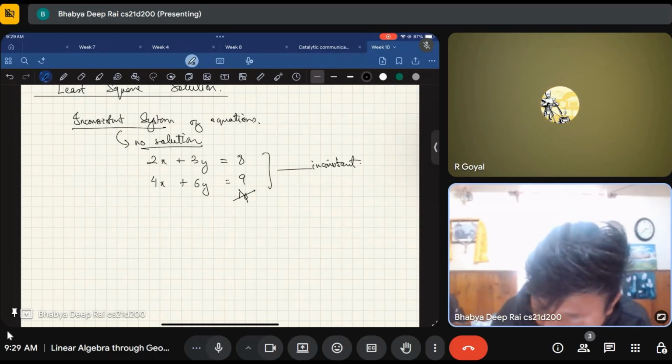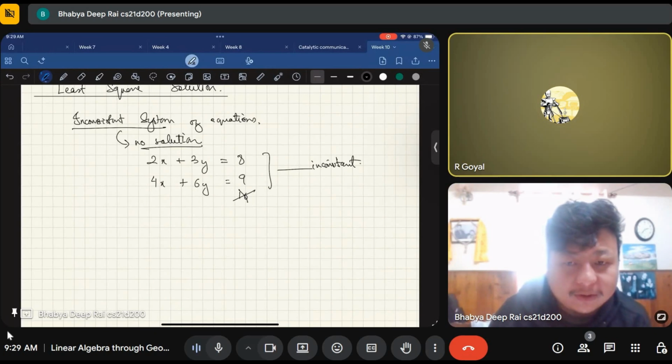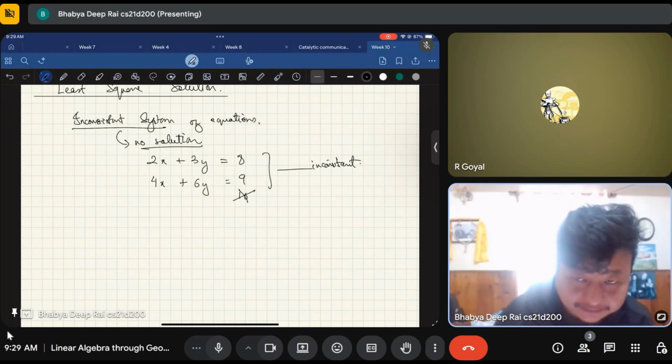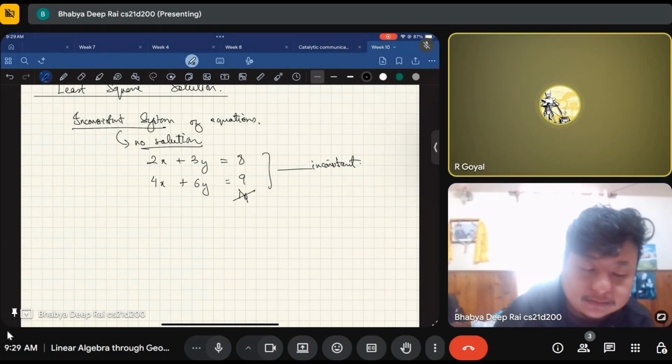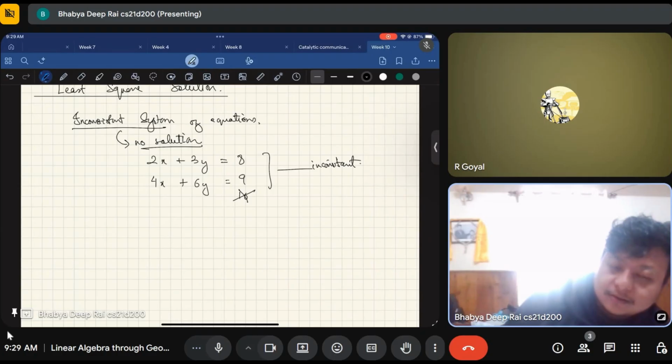What would be the interpretation in terms of vectors? The vector would be 2 comma 3.